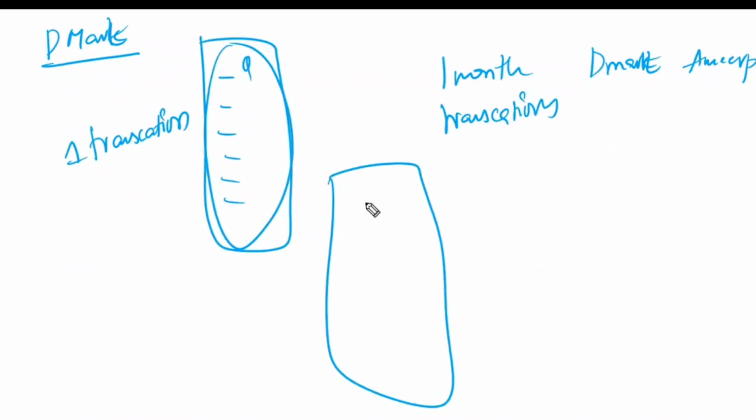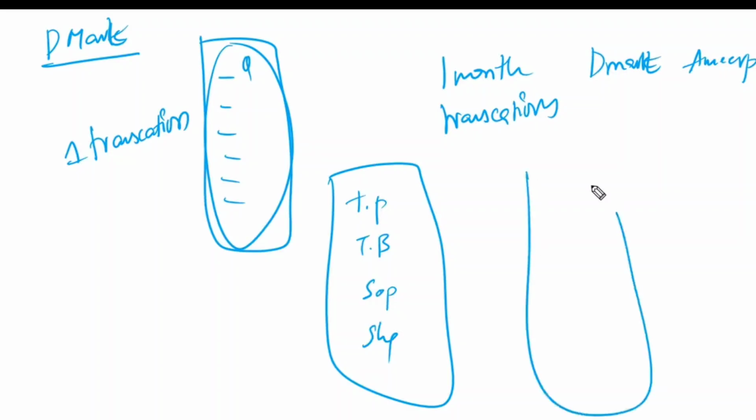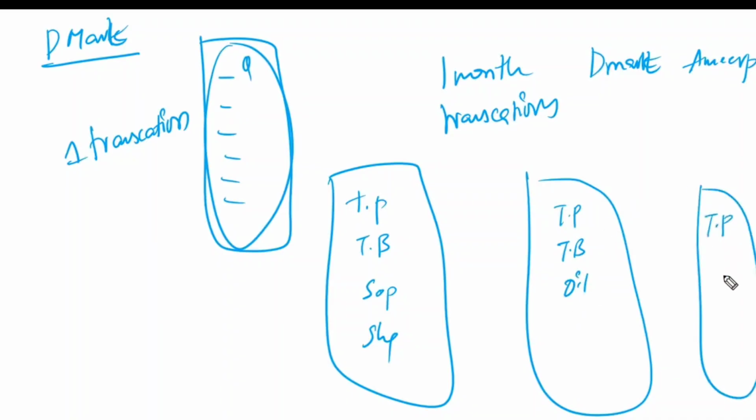For example, in this single bill, one person has purchased toothpaste, toothbrush, some kind of soaps, shampoos, or something. In another bill, one more person has purchased toothpaste, toothbrush, along with some kind of oil packet or something. In another, one person has purchased toothpaste and eggs.